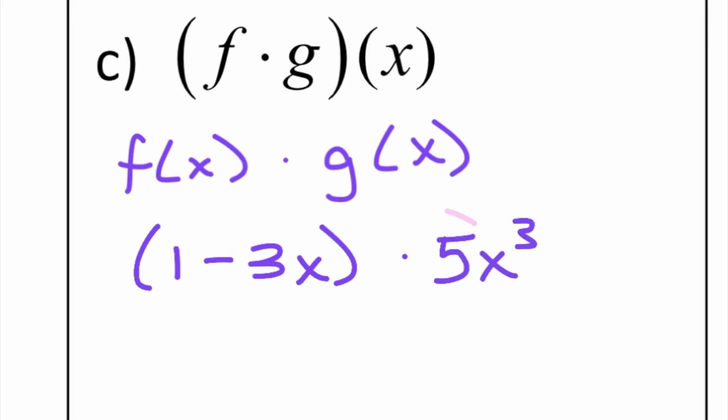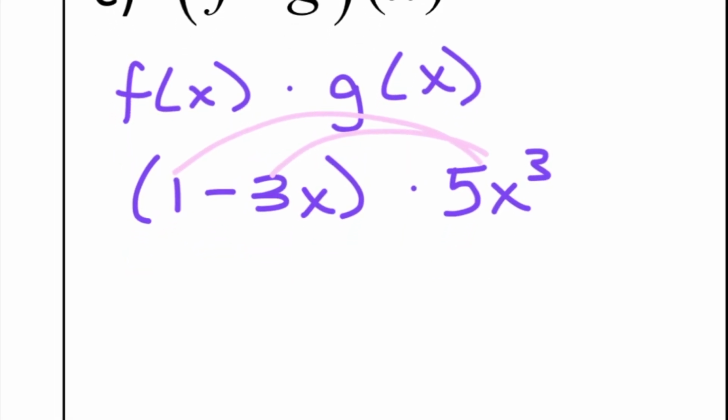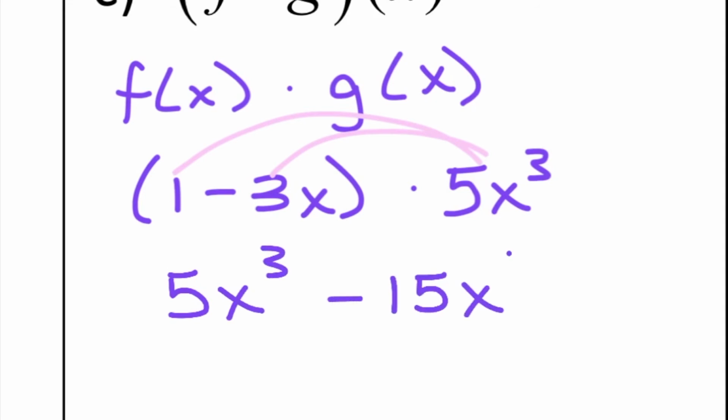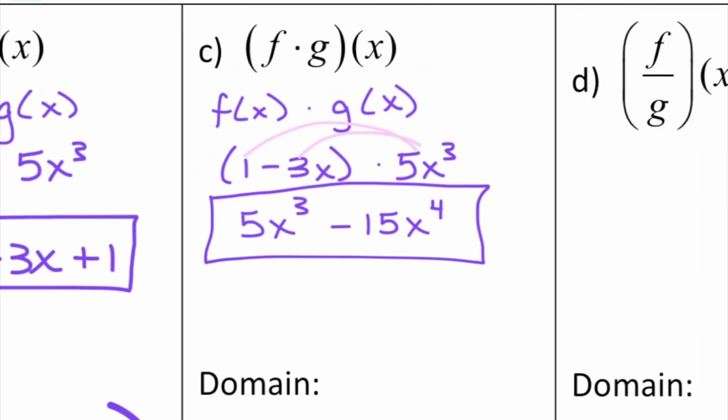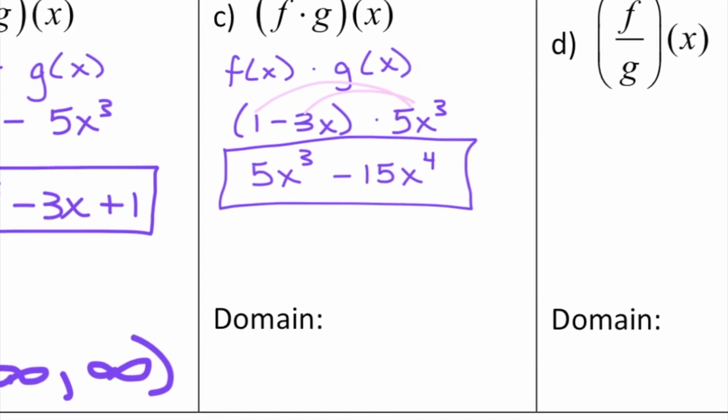I need to take the 5x cubed and distribute it across the 1 minus 3x, so I get 5x cubed minus 15x to the 4th. And again, there's nothing in the original function f or the function g or my final answer that restricts the domain, and so my domain is all real numbers.